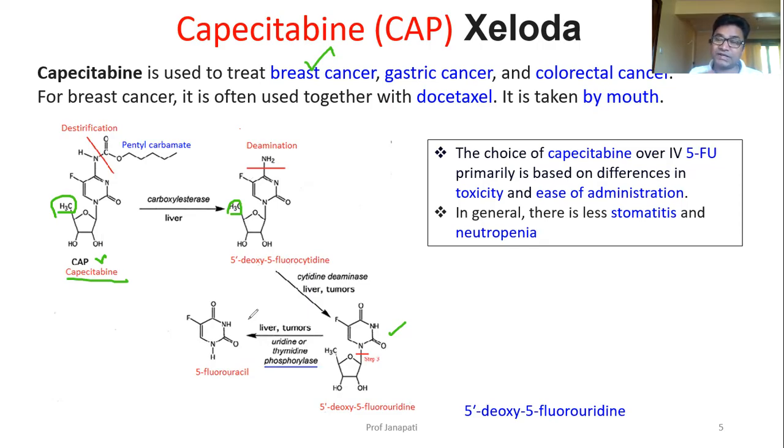So there is not much toxicity: less stomatitis and less neutropenia. The side effects with capecitabine are less than with 5-fluorouracil.